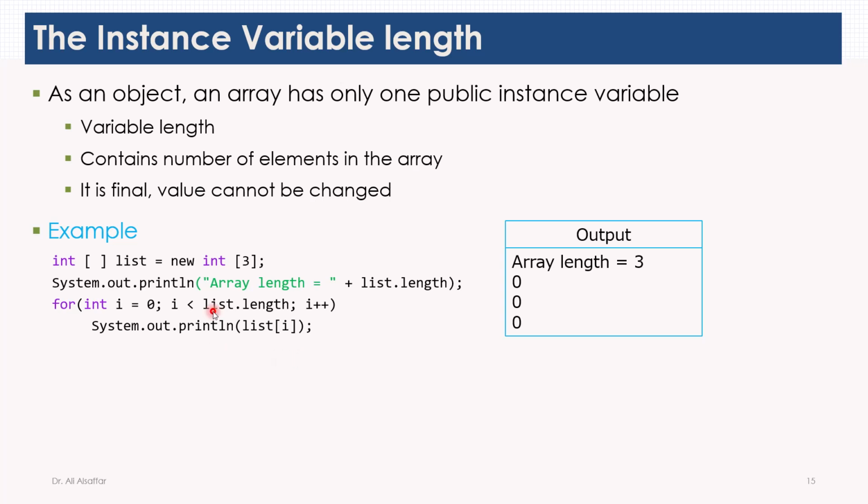The reason is that if you use a constant in your for loop and later you redefine the array, I mean you allocate a new size for the array, then you have to go to the loop and change this constant to the new size of the array. However, if you use the instance variable length in your loop, you will have the advantage that there is no need to change this loop whenever you redefine your array to a new size. Let me demonstrate what I have just said by an example in JGrasp.